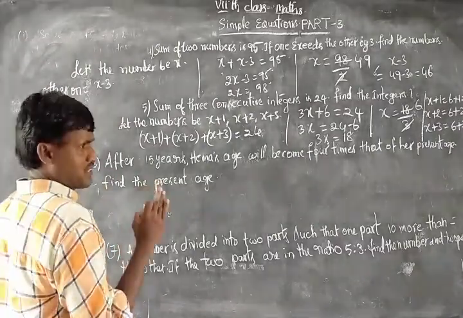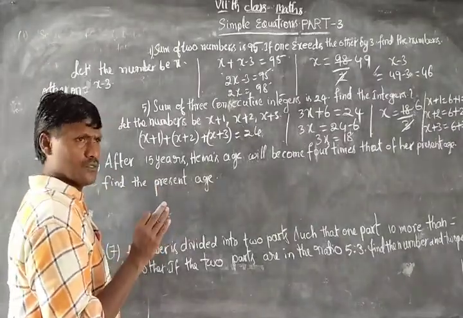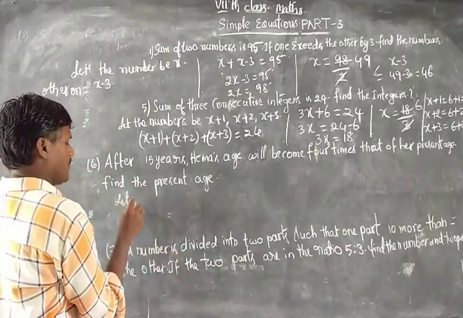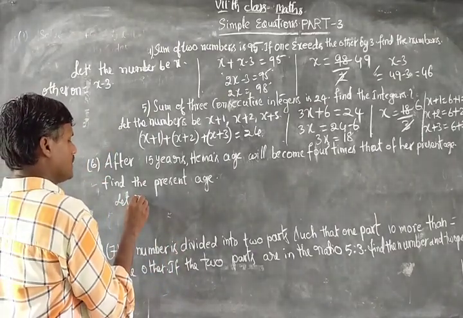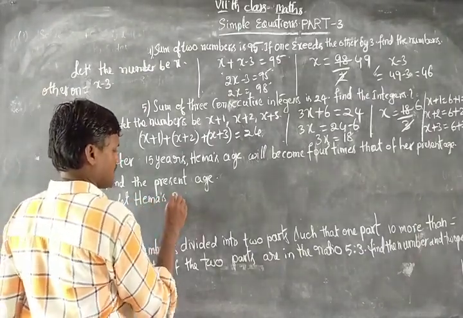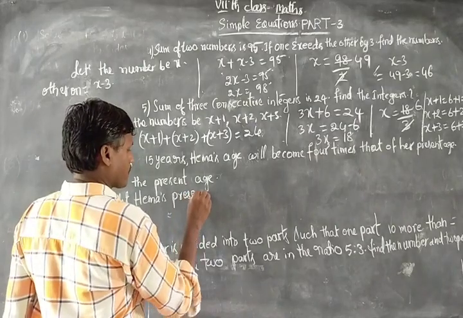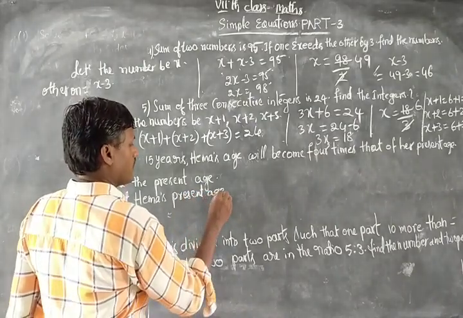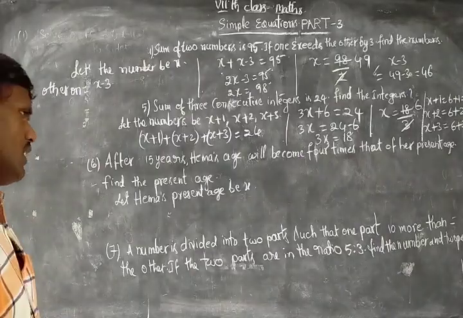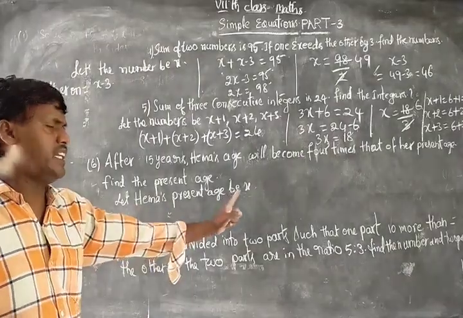We don't know her present age, so we try to find it out. Let Hannah's present age be x.